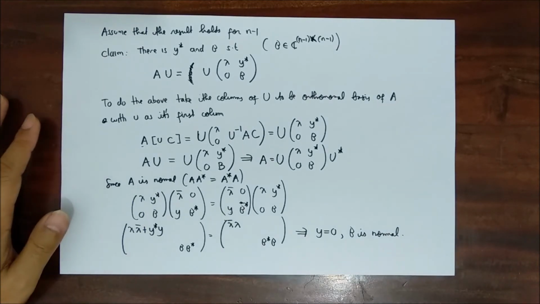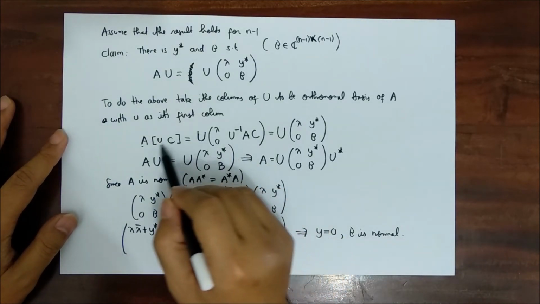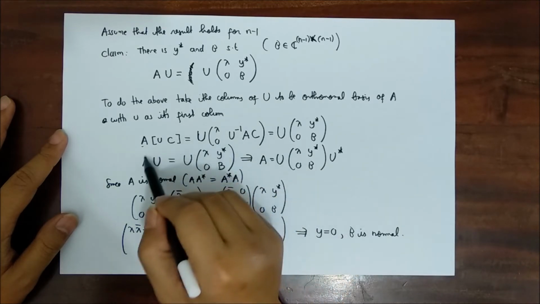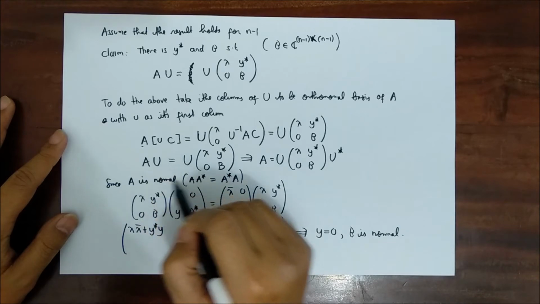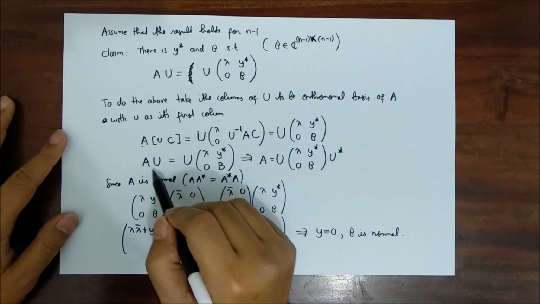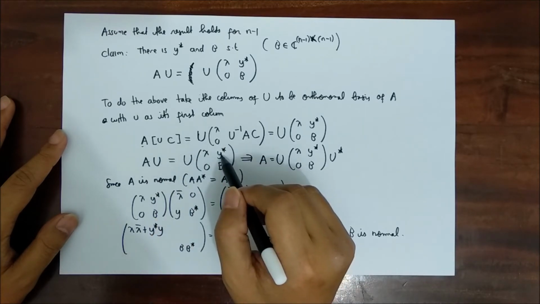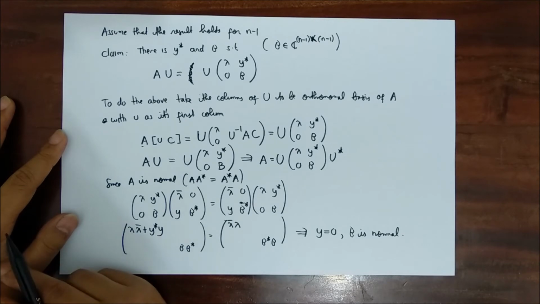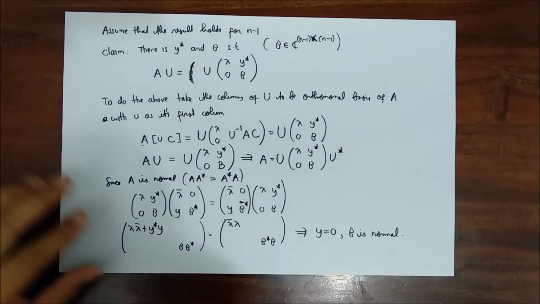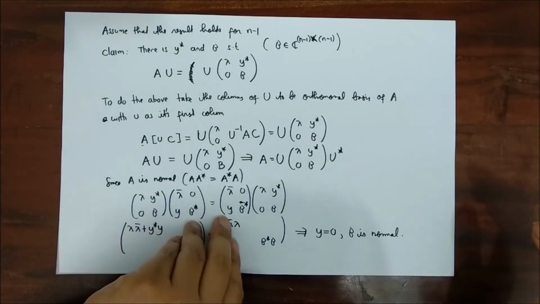So by using the normality of A, we conclude that Y is equal to 0, and B is a smaller size normal matrix. Okay, now we can use the induction hypothesis.